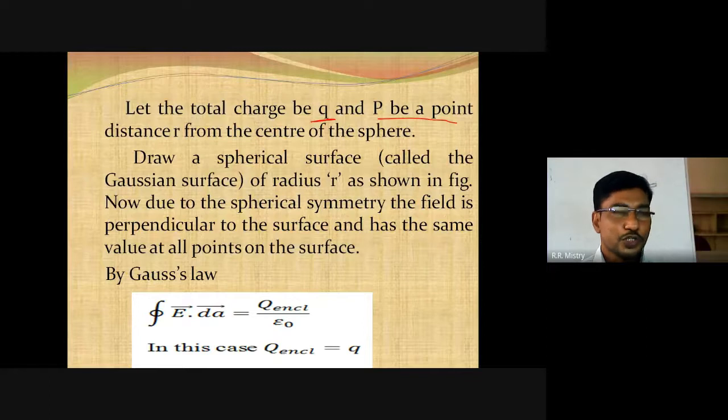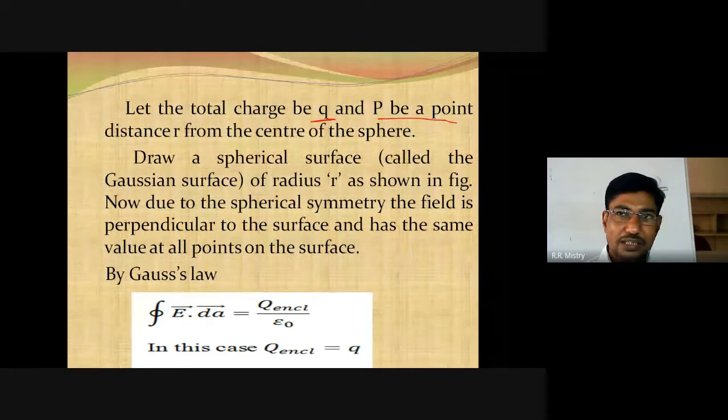Due to spherical symmetry, the field is perpendicular to the surface and has the same value at all points on the surface. Now we apply the Gauss law to find the electric intensity at a distance r of the charged sphere.